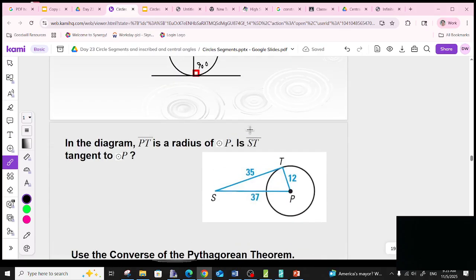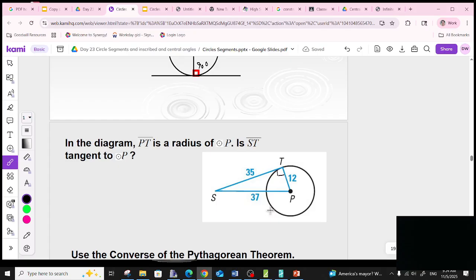So, in the diagram, PT is a radius. Is ST tangent? It's not telling you it is, it's asking you the question, is it tangent? To check to see if it's tangent, you want to see if this is a right angle right there. If it is a right angle, then ST is tangent. If it's not a right angle, then it's not tangent. We can use the Pythagorean theorem to check.